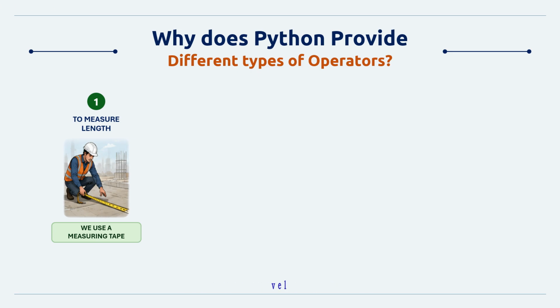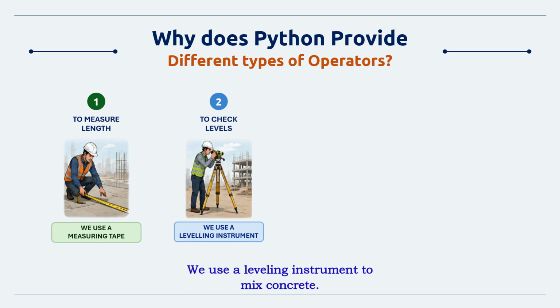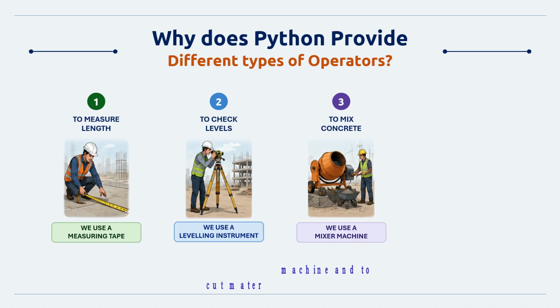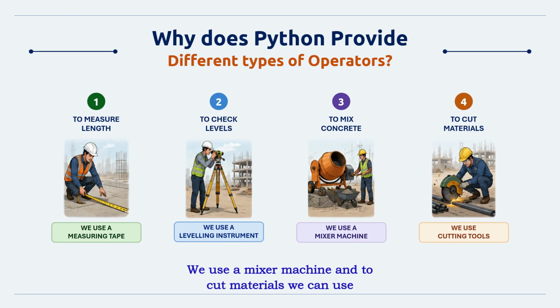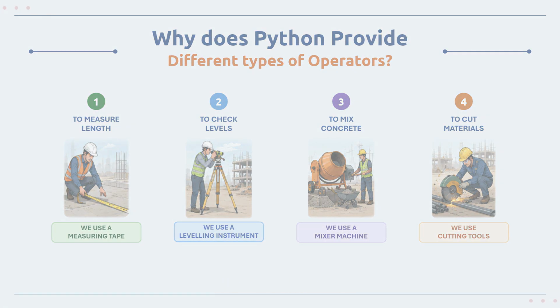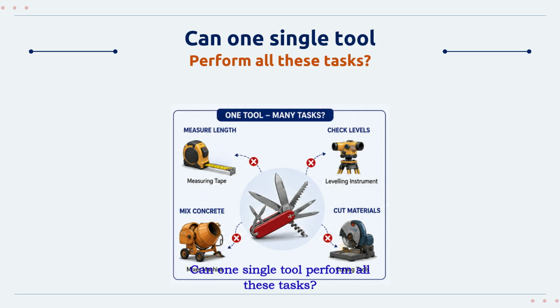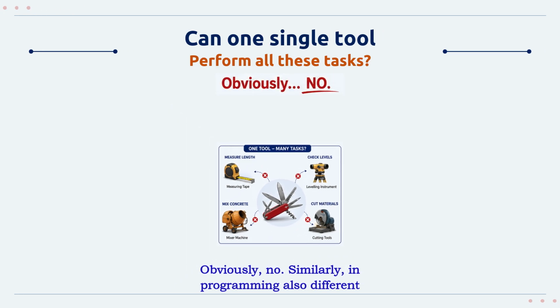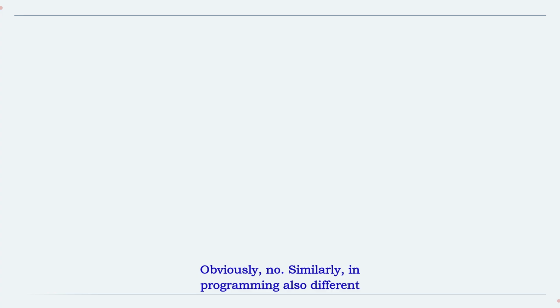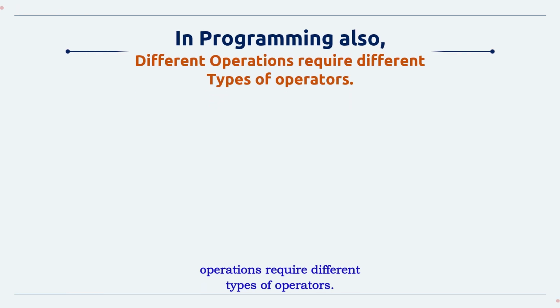To check levels, we use a leveling instrument. To mix concrete, we use a mixer machine. And to cut materials, we can use different cutting tools. Can one single tool perform all these tasks? Obviously, no. Similarly, in programming also, different operations require different types of operators.